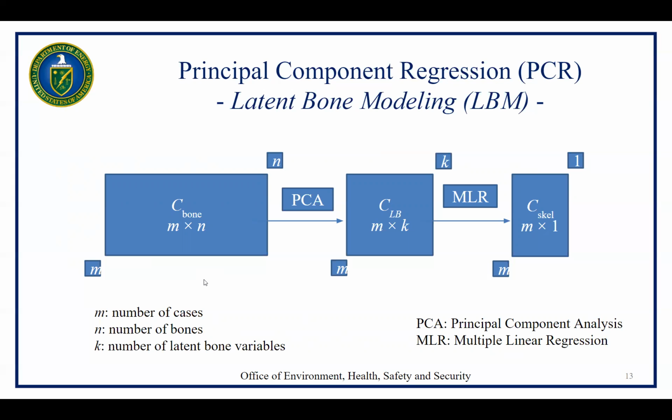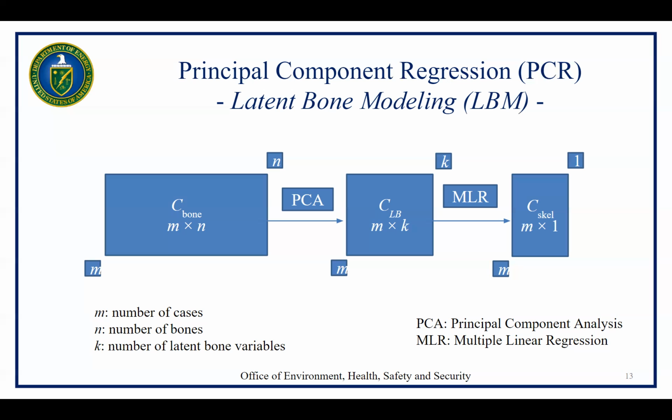It is interesting to note that in principal component analysis, the number of rows can be less than the number of columns. Or in other words, the number of cases can be less than the number of variables.